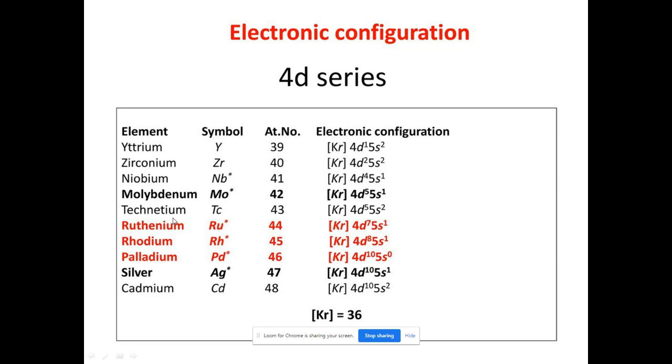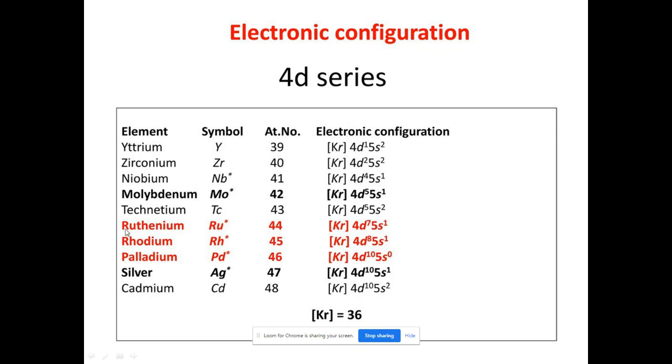The next element is technetium with the symbol Tc, atomic number 43, electronic configuration krypton 4d5 5s2.